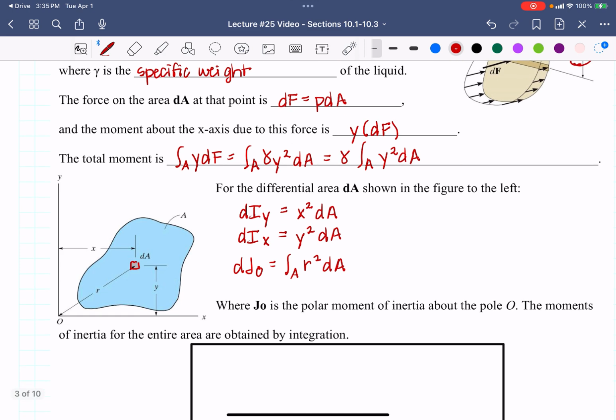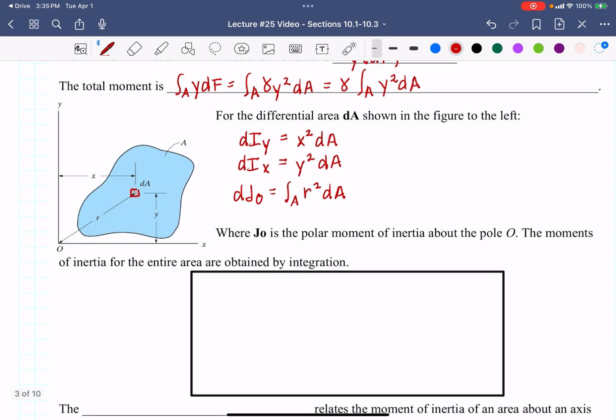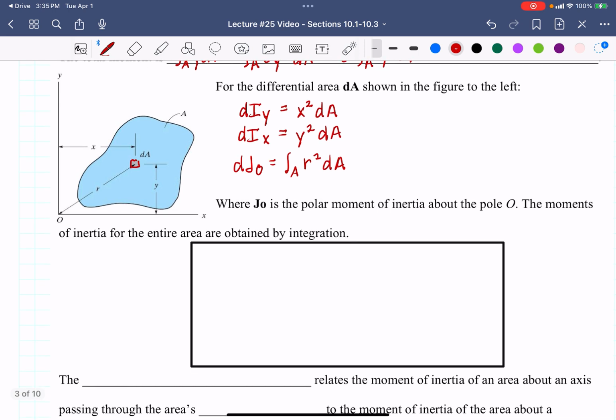And the moments of inertia for the area are obtained by integration. In other words, we're going to integrate to figure out what I of x actually is, because I of x is the integral of dI of x. So it is the integral of y squared dA. I of y equals the integral over the area of x squared dA.